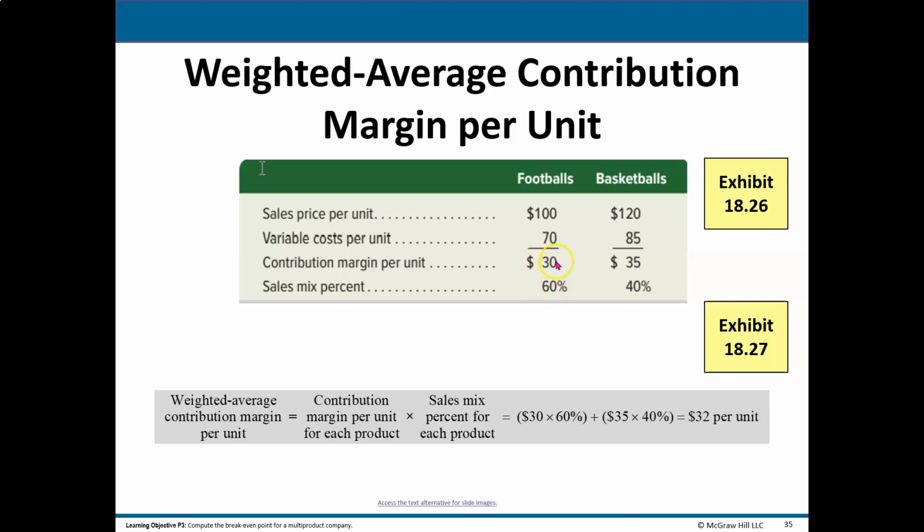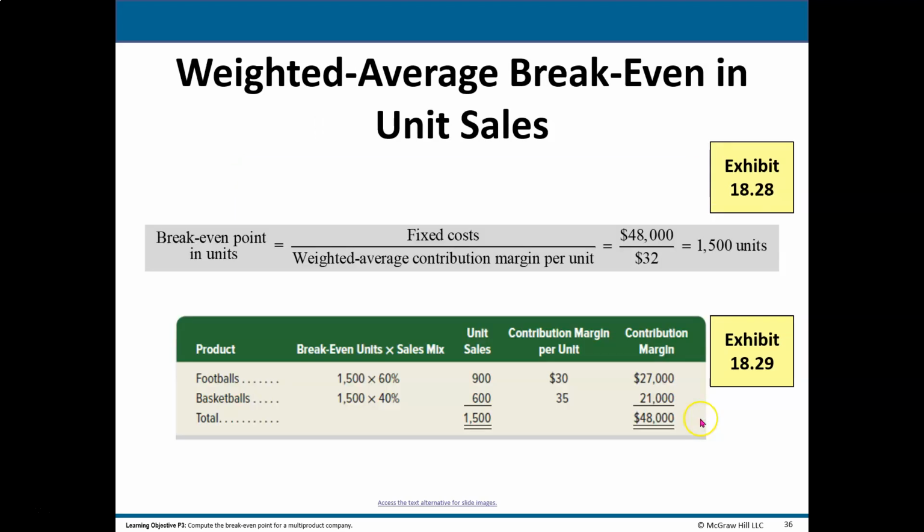I'm going to take my $30 for footballs and multiply that by the 60% of sales it represents. Then I'm going to add to that my $35 for basketballs multiplied by the 40% of sales that basketballs represent. So we're going to get a weighted average contribution margin of $32 per unit.